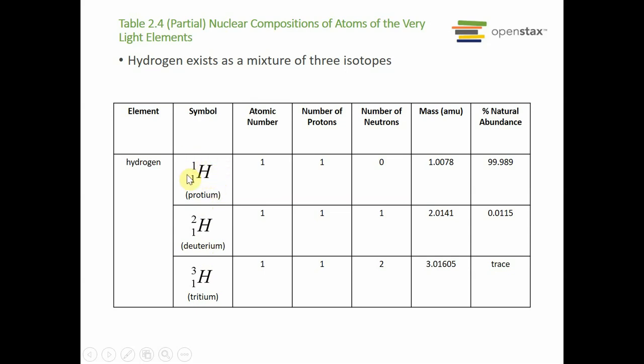To go from a mass of 1 to a mass of 2 is doubling the mass, and 3 is tripling the mass. So they call ordinary hydrogen, the most abundant form, protium.